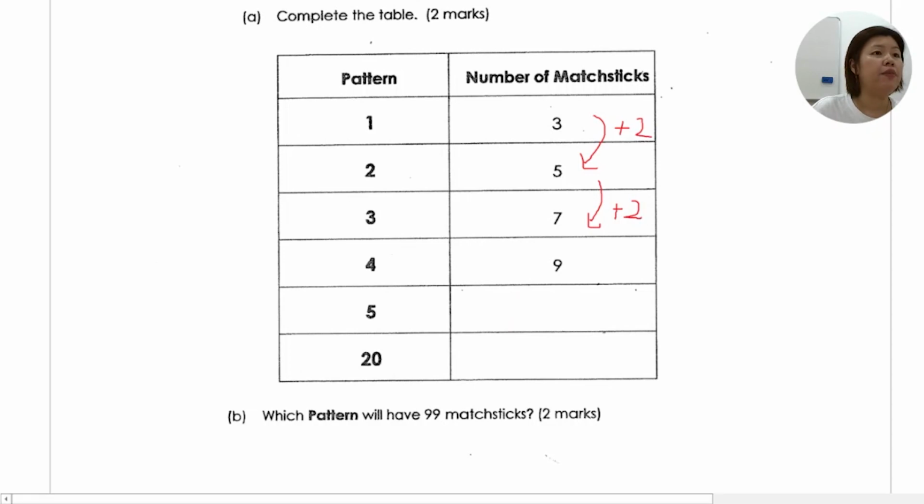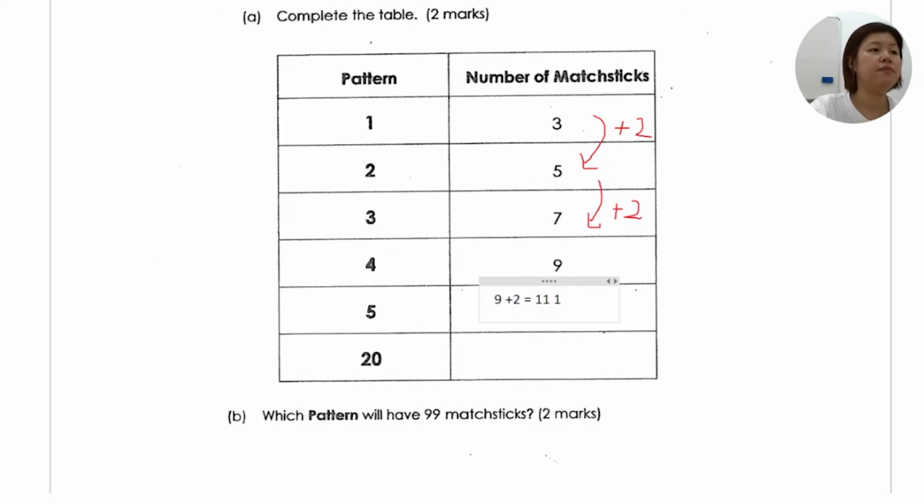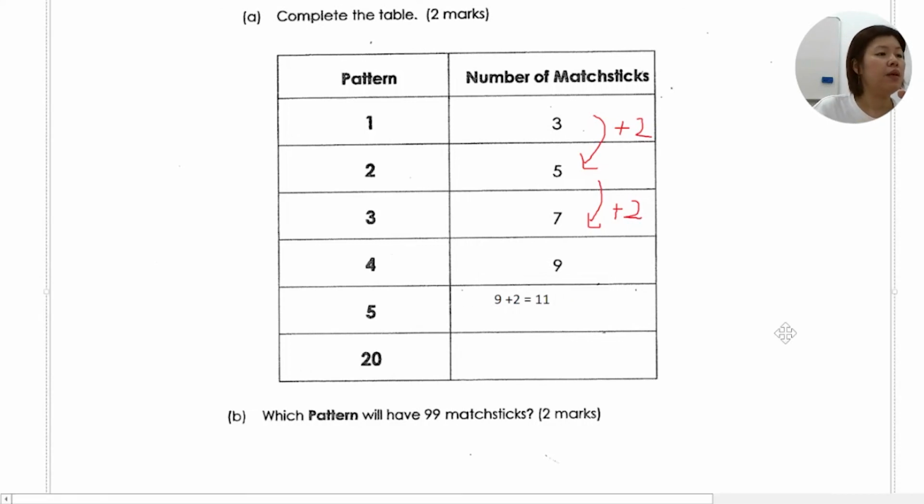So pattern number 5 will be 9. Let's put it here. 9 plus 2 equals to 11. Okay, how about pattern 20?